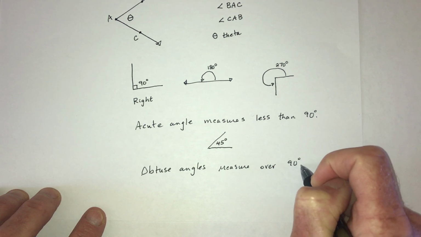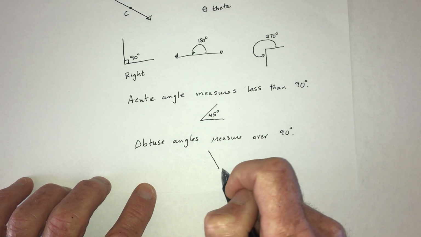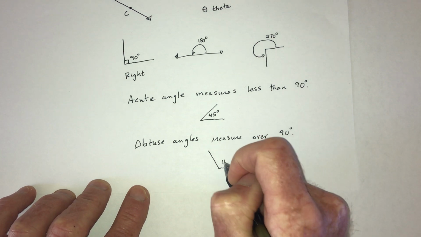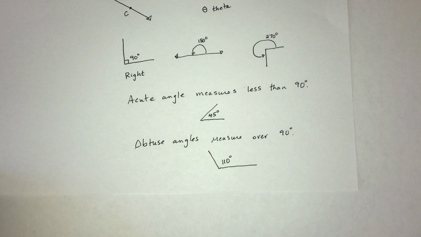And then an obtuse angle is one that measures more than 90 degrees. So for example, this could be 110 degrees. So that would be obtuse.